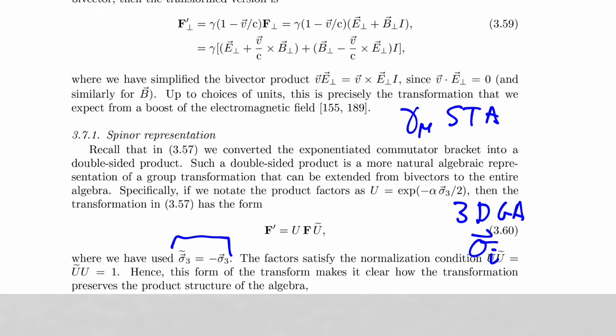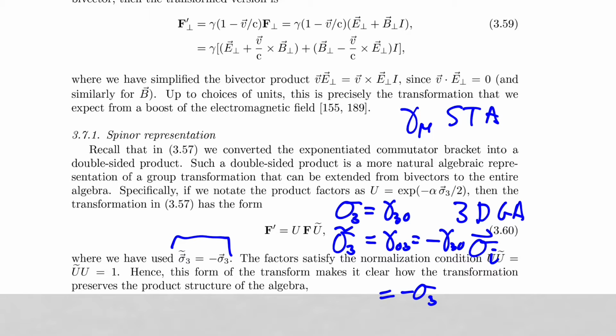But regardless, sigma i is understood to be a bivector, right? And the reversion of a bivector of sigma 3, so sigma 3 is actually gamma 3, 0, and gamma 3, 0 reverse, so sigma 3 reversion is gamma 0, 3, but that equals minus gamma 3, 0, which equals minus sigma 3. So sigma 3 reversion is minus sigma 3, right?